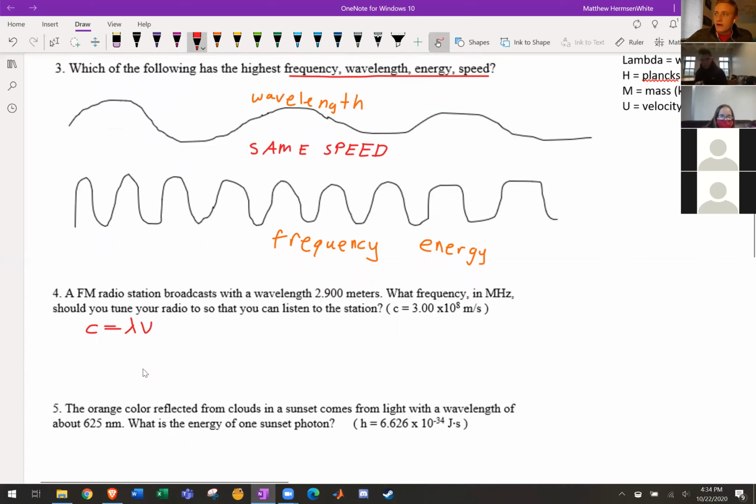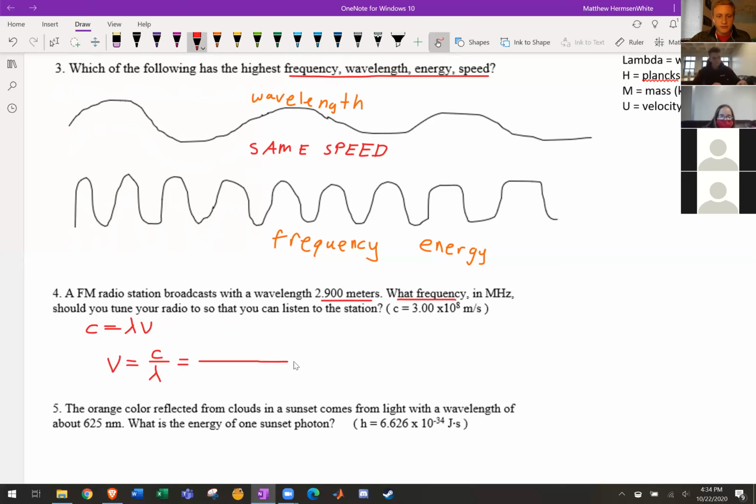So number 4, we are looking for the frequency and we're given a wavelength. The relation between those is c equals lambda nu. Reorganizing this to solve for frequency, we get c divided by wavelength.